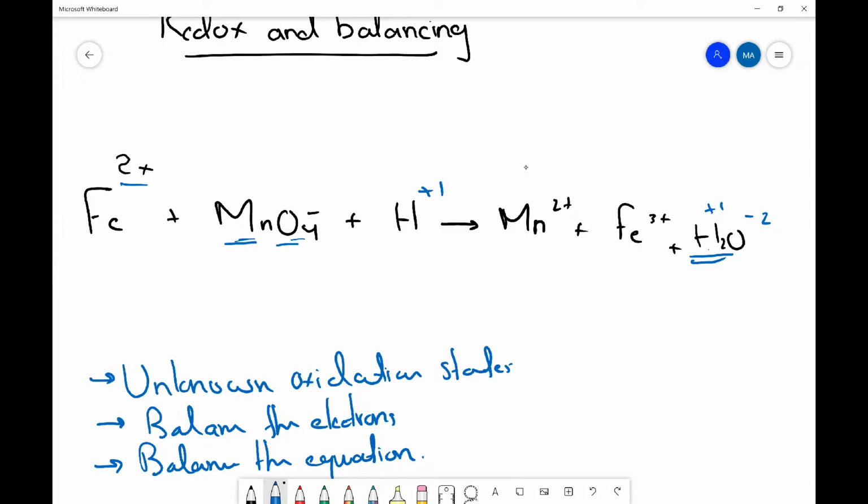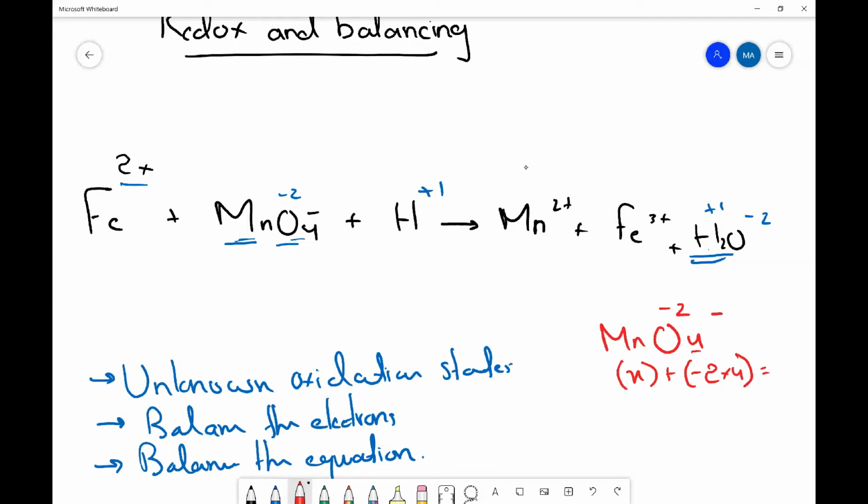So how do we figure out these oxidation states? In MnO4, the whole charge is negative. Oxygen, we already know, is -2. Now we're just left with Mn. We apply the same oxidation rules. Mn is X. Oxygen is -2 times 4, because 4 is a subscript, so we multiply it with the oxygen.